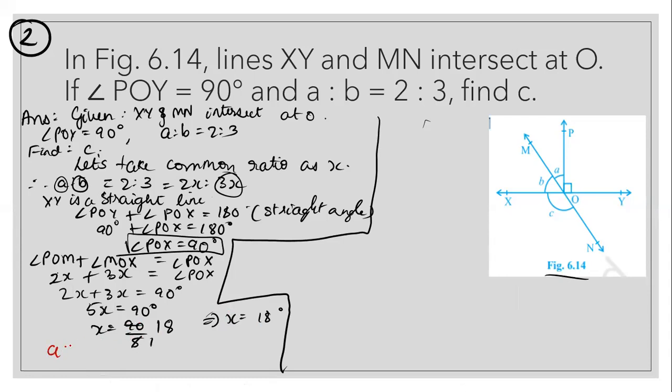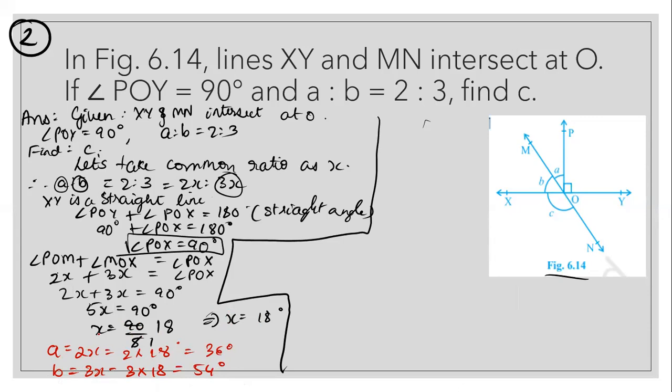Now what will angle A be? A is equal to 2x, which is nothing but 2 into what is our x? 18 degrees, which is equal to 36 degrees, correct? Now what is B? 3x, which is nothing but 3 into 18, which is equal to 54 degrees, correct? So we found out what is A and B.